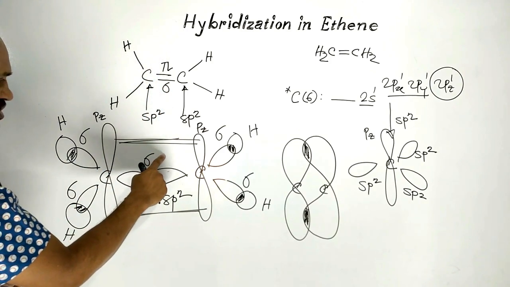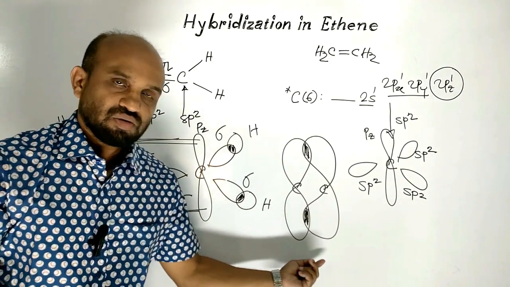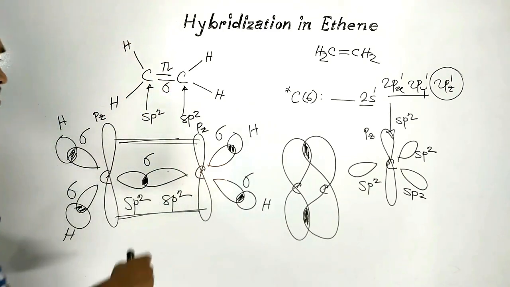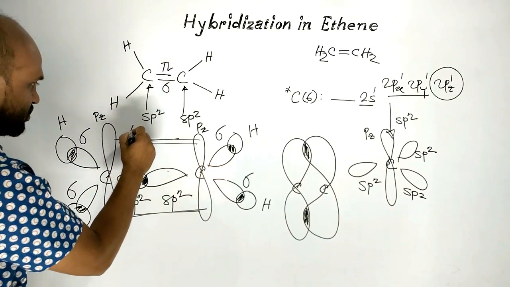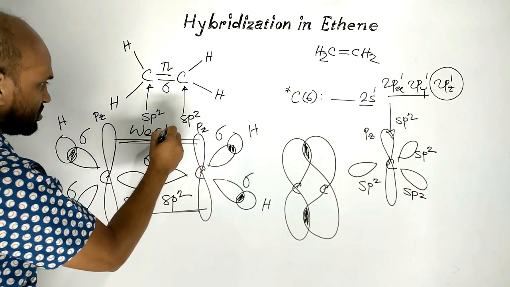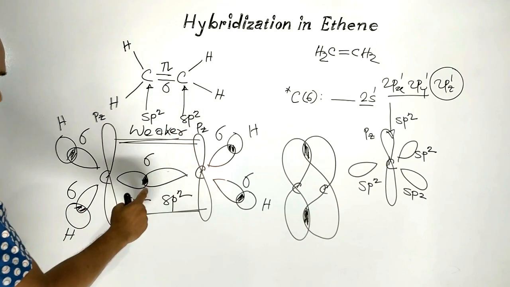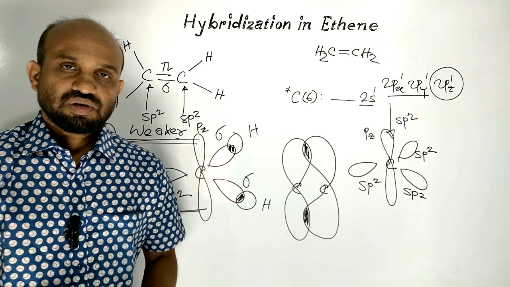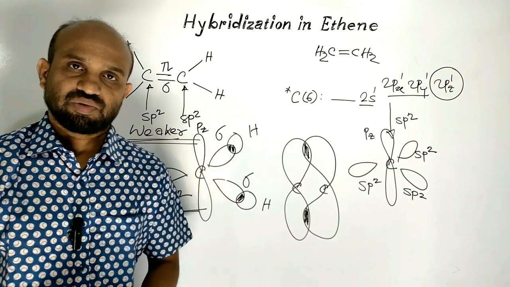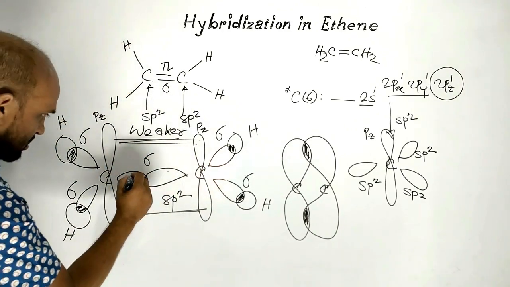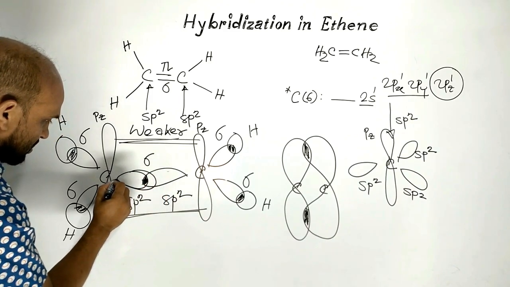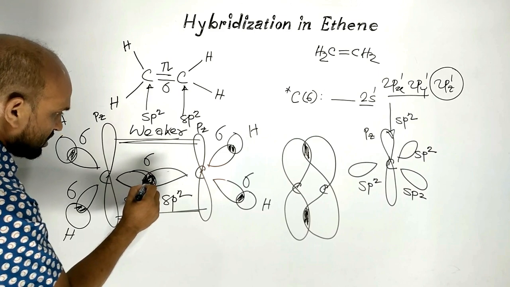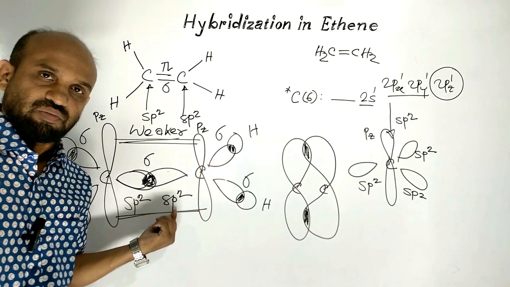In case of pi bond formation, overlap is minimum. That is why pi bond is a kind of weaker bond. But when sigma bond is formed through head-to-head overlap of hybrid orbitals, then amount of overlap becomes maximum.